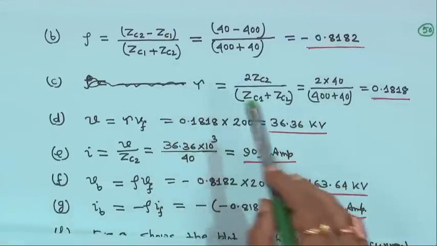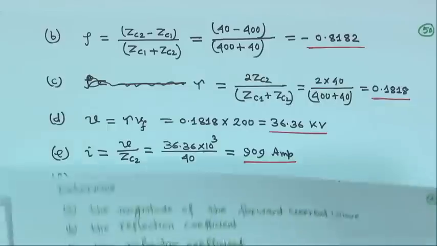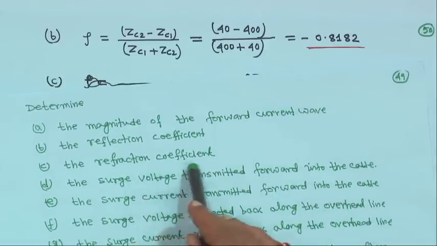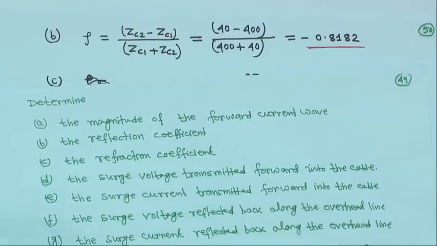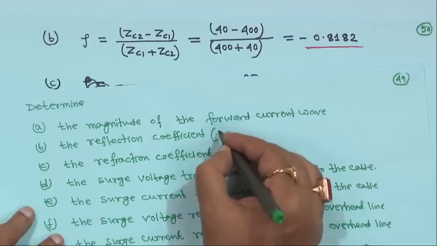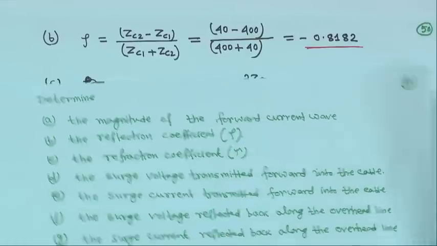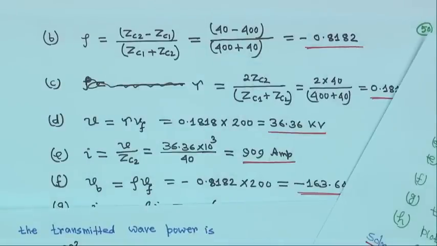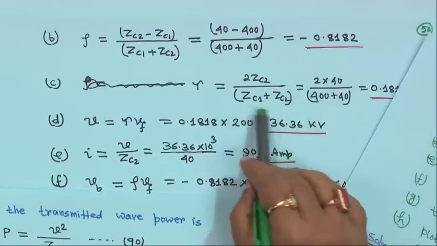Then tau, the part C, is the refraction coefficient. This is tau and this is rho. So, refraction coefficient tau is equal to 2 into ZC2 divided by ZC1 plus ZC2.